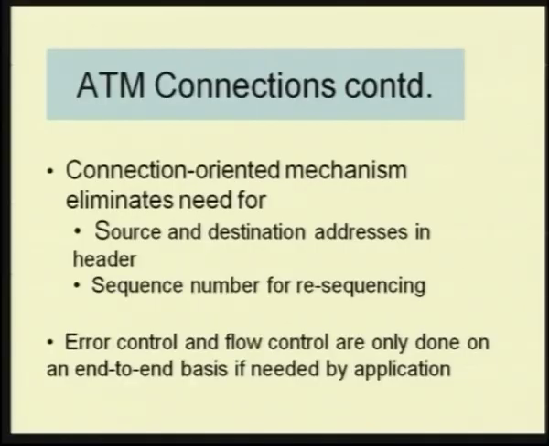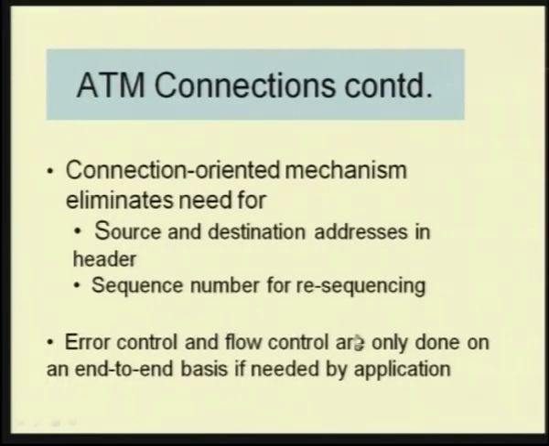Similarly, there is no need for a sequence number for each cell, because again it is a connection oriented approach, so there is no chance of packets being reordered. We do not have problems of reordering, no out of order packets, so we do not really need the sequence number.